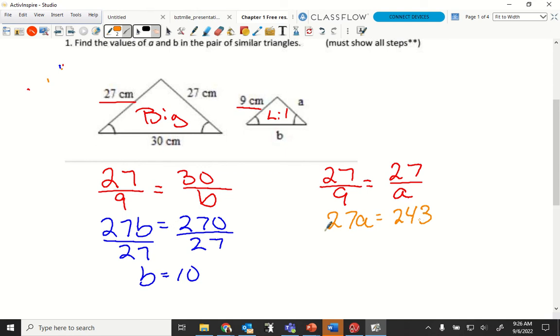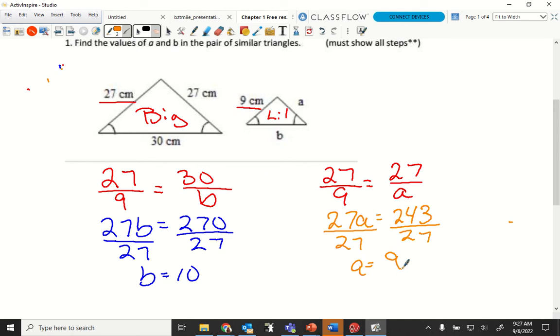Divide by 27. There we go. So letter A is 9. Yeah, because you divided.